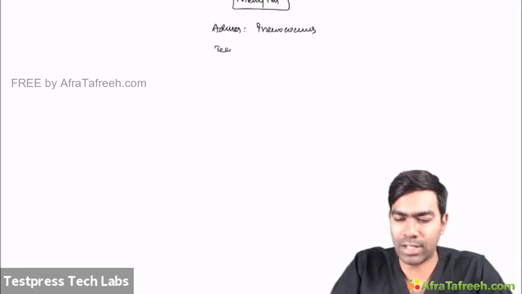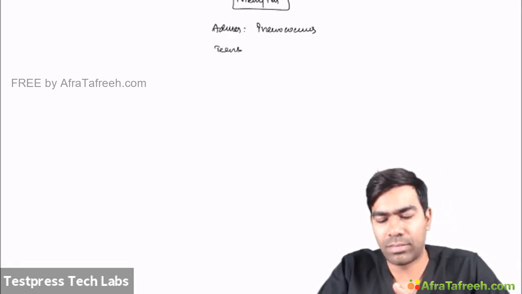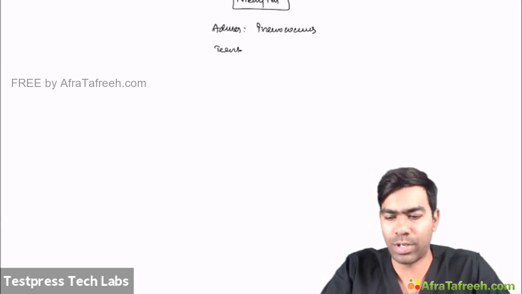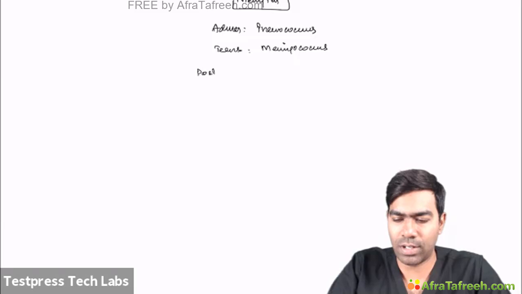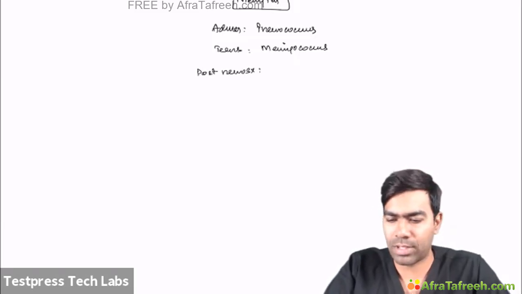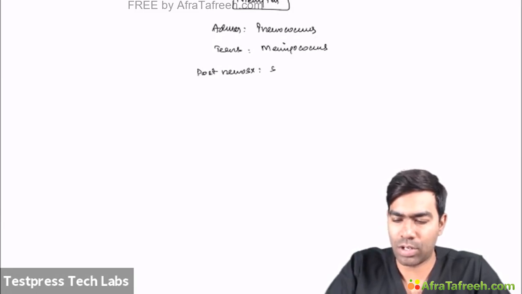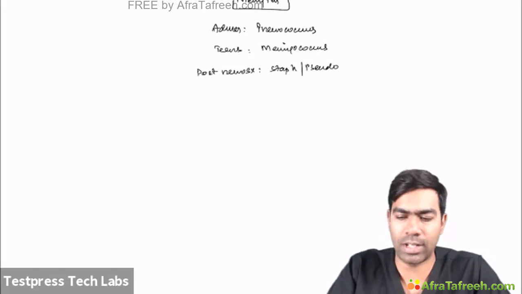As I told you, these teens and young adults who are moving out of the home into some new hostel, at that time you can suspect meningococcus. Then if it's post-neurosurgery, you can suspect Staphylococcus, CoNS or Staph aureus, or Pseudomonas in this setting.